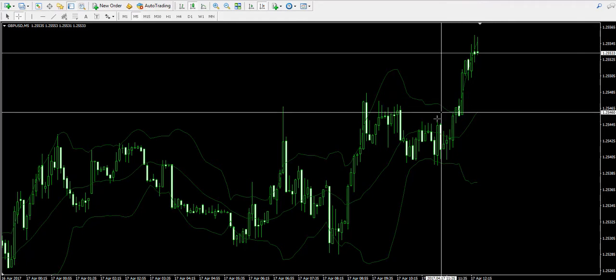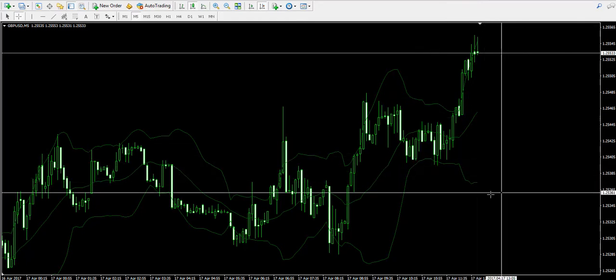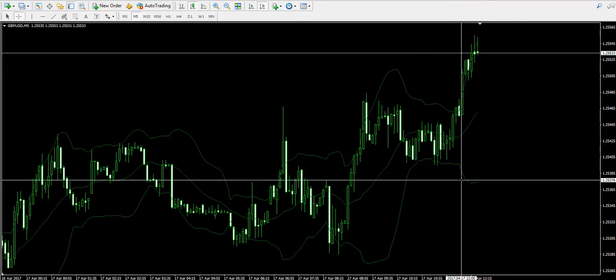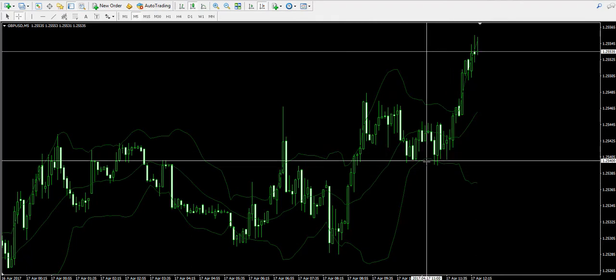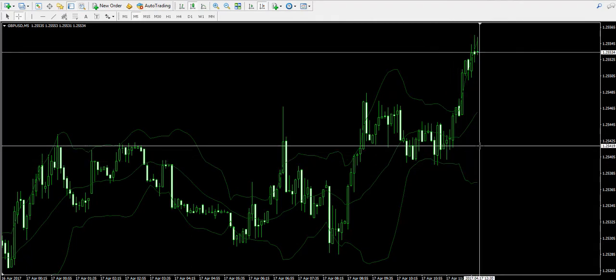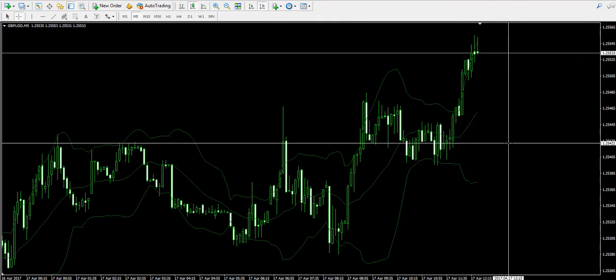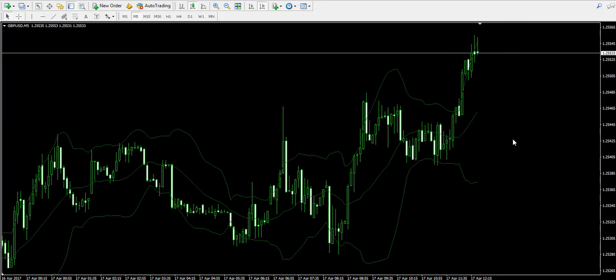Conversely, the lower band of the indicator is a 20 period simple moving average, from which we subtract the 20 period standard deviation of the price times 2.